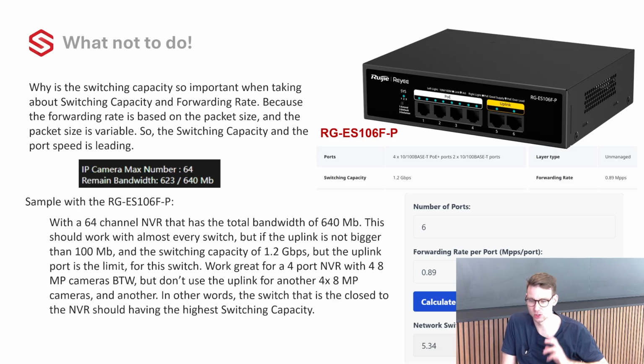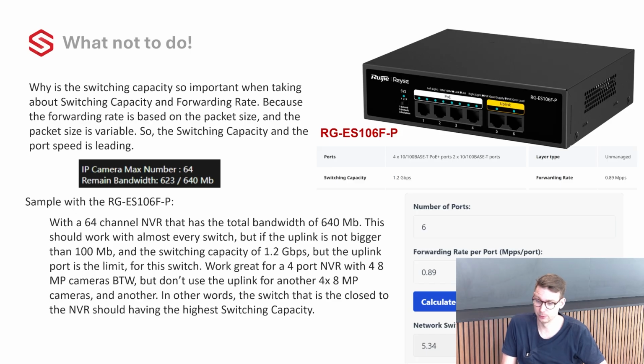When we talk about switching capacity and forwarding rate, it is based on packet size, and the packet size is always variable. Therefore, the switching capacity and the port speed are more important than the forwarding rate, because the forwarding rate is hard to measure, like I just said, as the packet size is always variable.